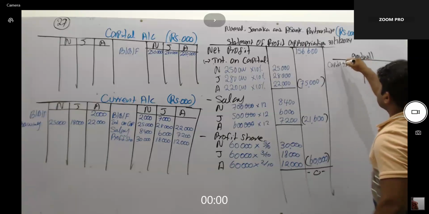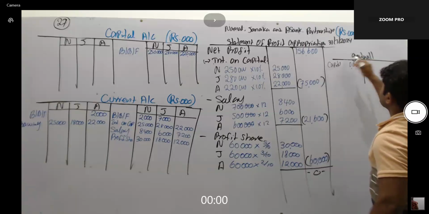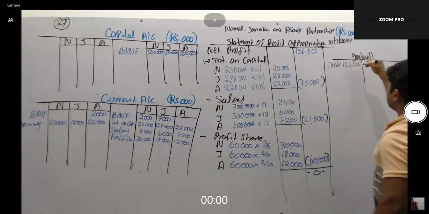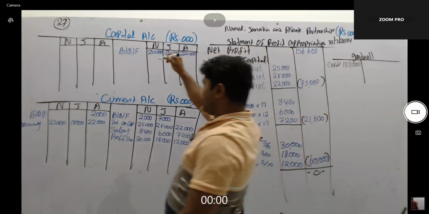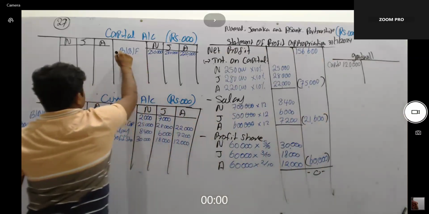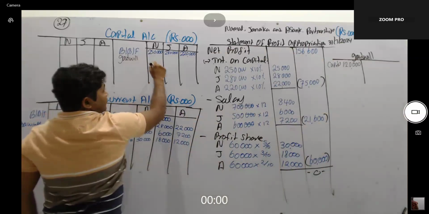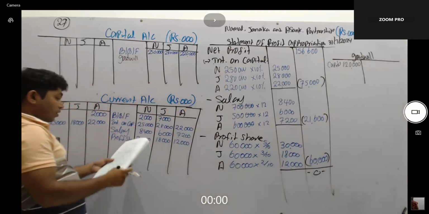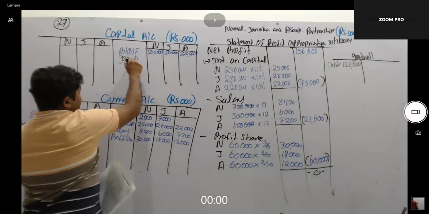Goodwill account debit as a capital, 120,000, and capital account credit as goodwill, 120,000, by using the old ratio. Think 5:3:2.